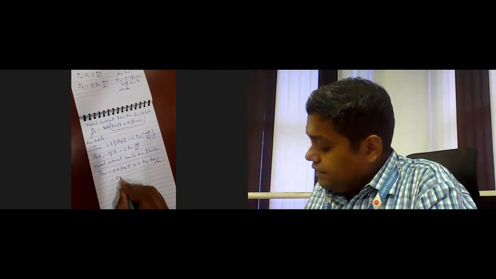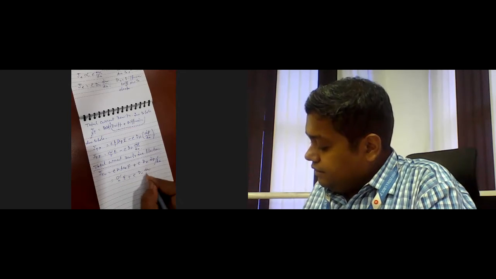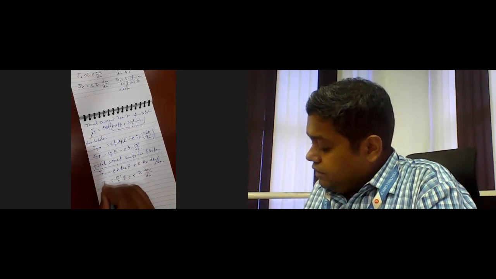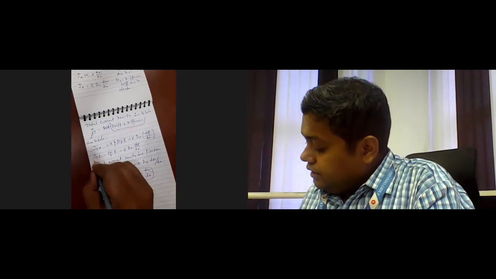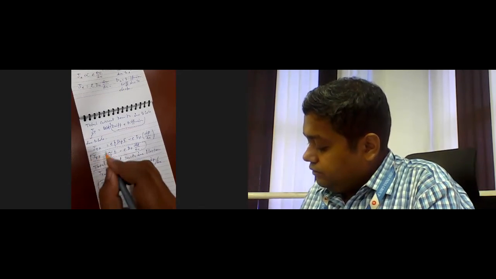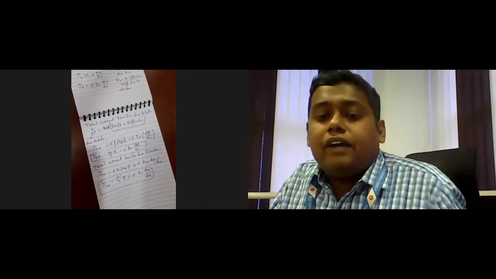We can write sigma n into E plus E into dn dx. So this is the total current density due to the electron, and this is for the hole. On the basis of that, we can introduce one problem.